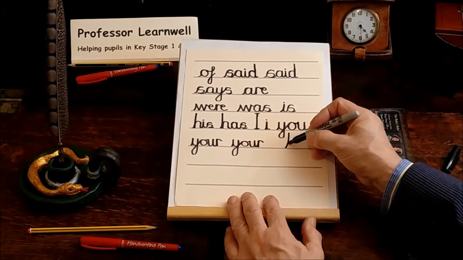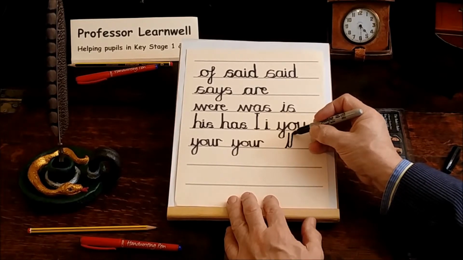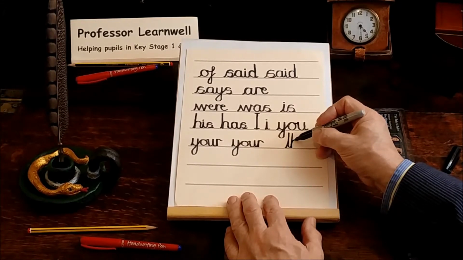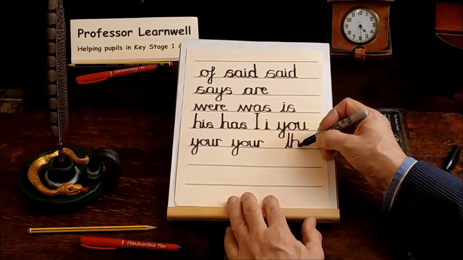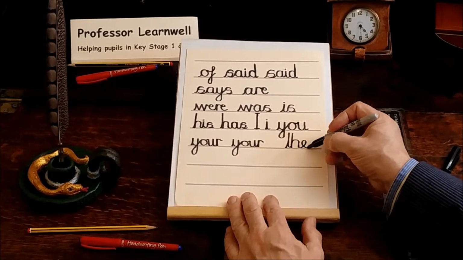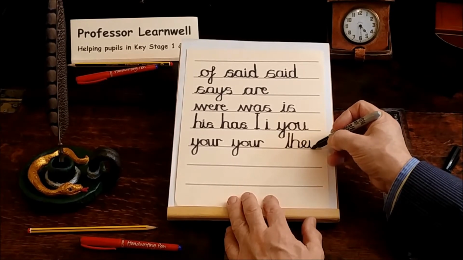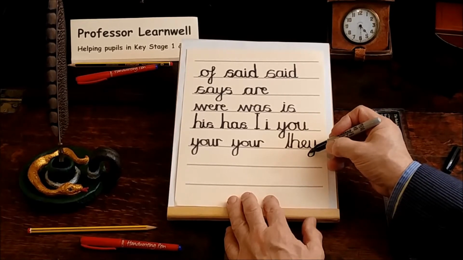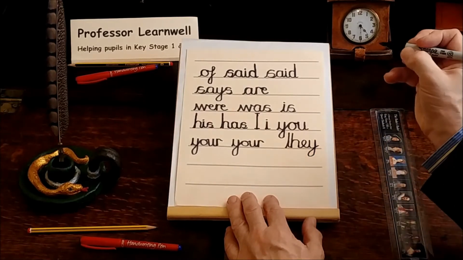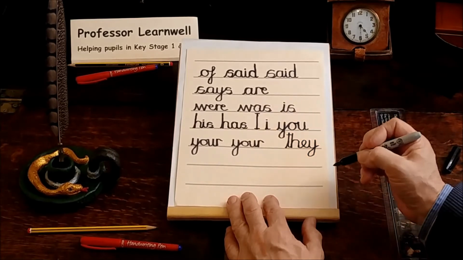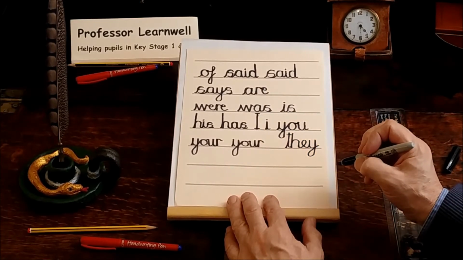T, H, bounce back up, over to the right, down, form the letter E, and the letter Y, down below the line, loop to the left, over diagonally to the right, lead out, lift, and cross the T neatly, trying to avoid going over the H if we can.